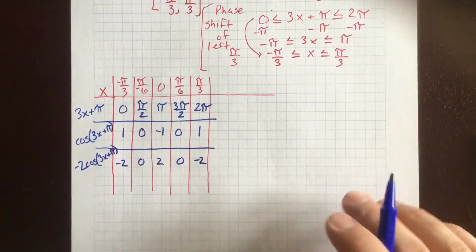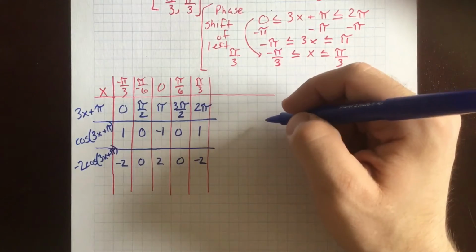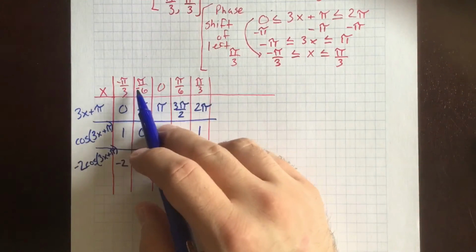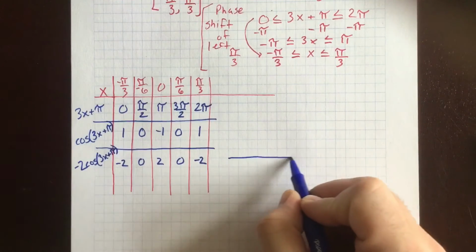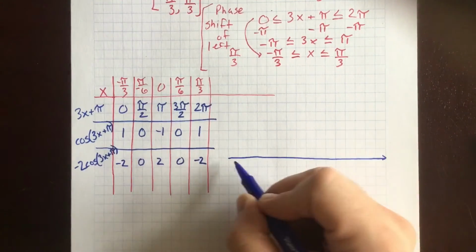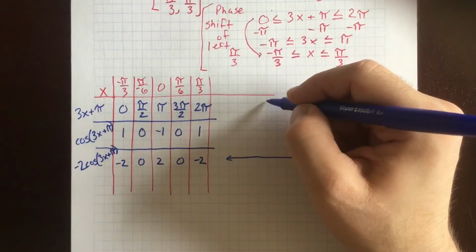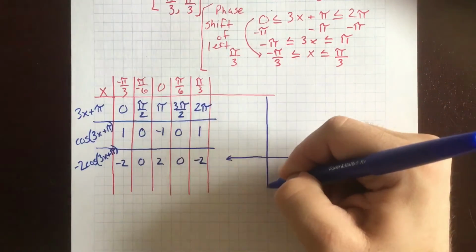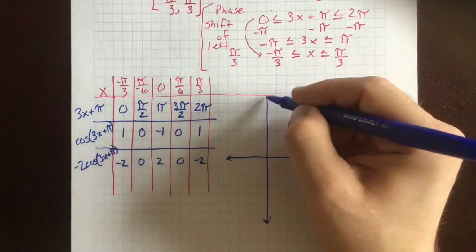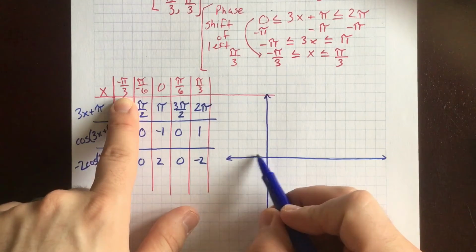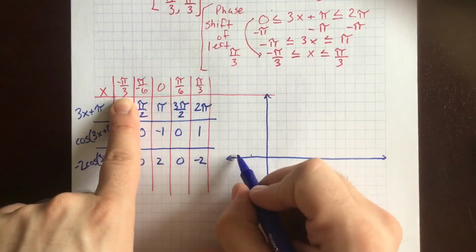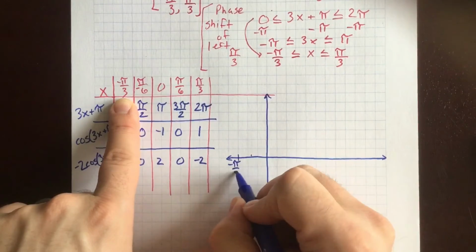I have a graph. We look at this, we do have some negative values to worry about here. Just so you know, for negative pi over 3, I need at least 2 boxes, so I gave myself some extra room to go to negative pi over 2.